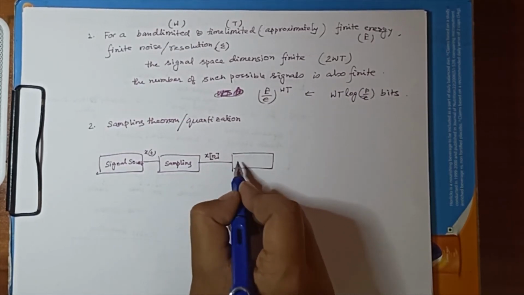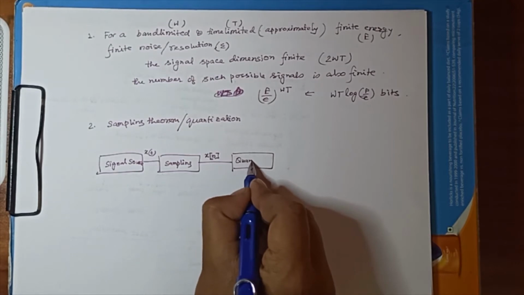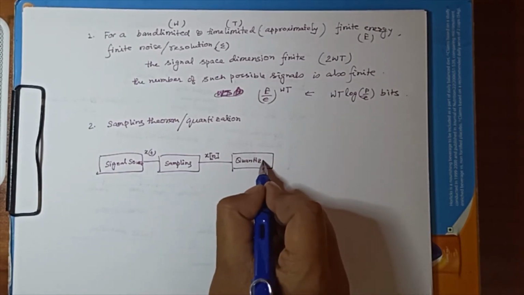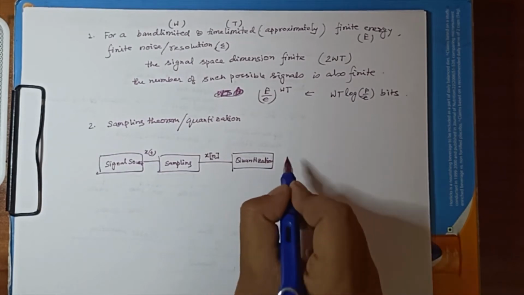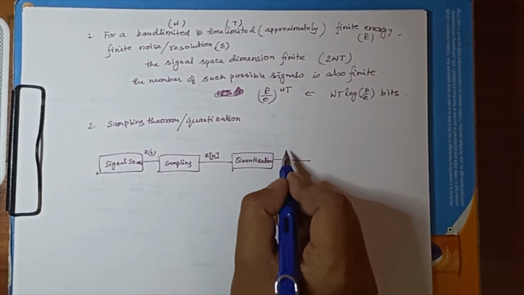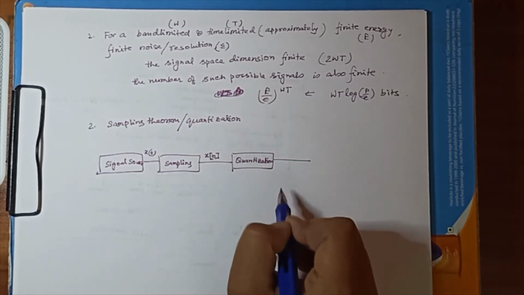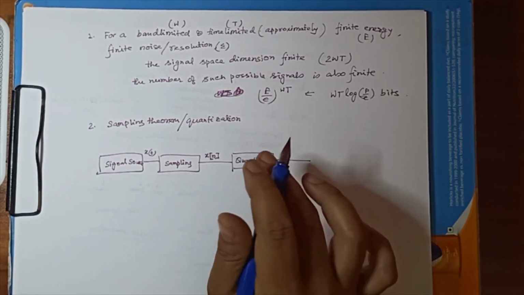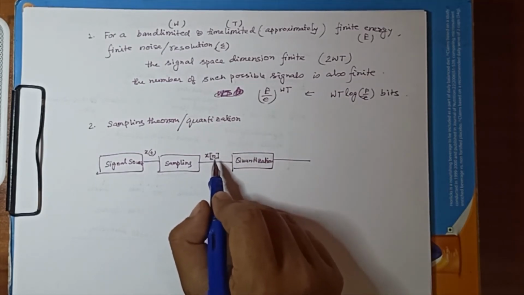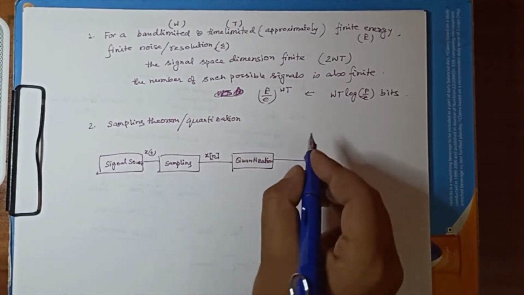And then if you apply quantization on this, have you done digital electronics already? Yeah, so you know this flow, sampling and quantization. So what you will get is basically a digital signal, a discrete signal. After quantization, you are getting a finite number of possible values of the signal at every discrete time interval.